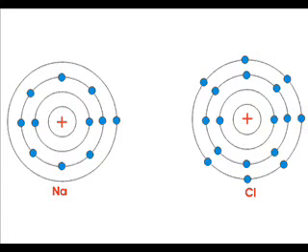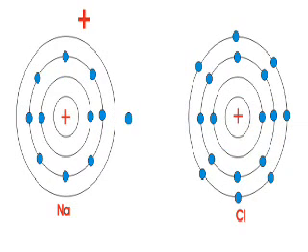But we know that for stability, atoms generally require 8 electrons in their outermost orbit. So, both of the shown atoms are chemically active. When these atoms are brought together, the sodium atom loses its outermost electron and becomes positively charged, and the chlorine atom gains one electron and becomes negatively charged.